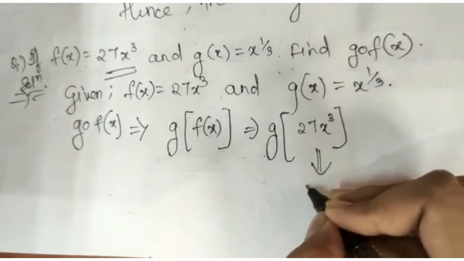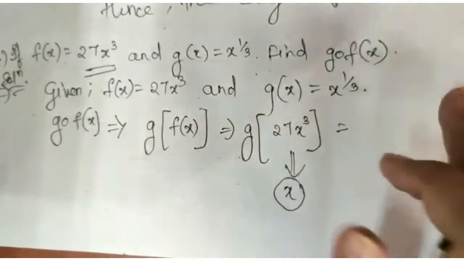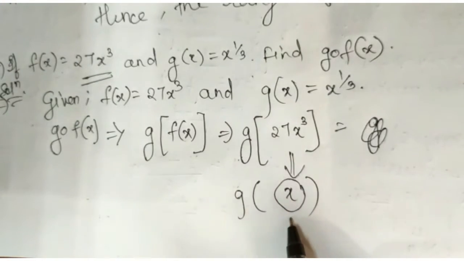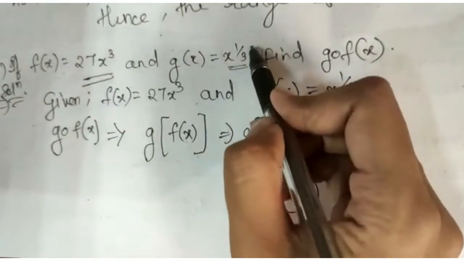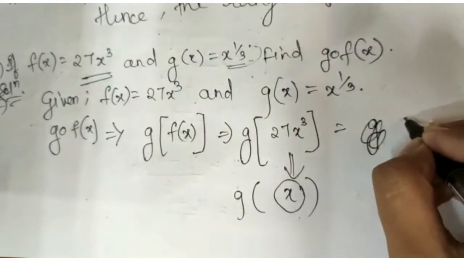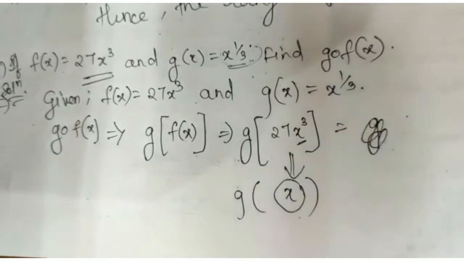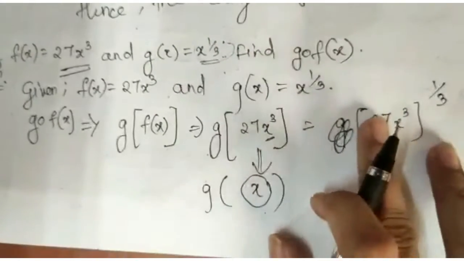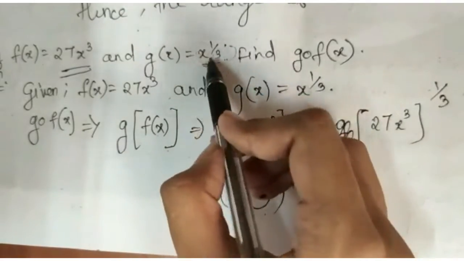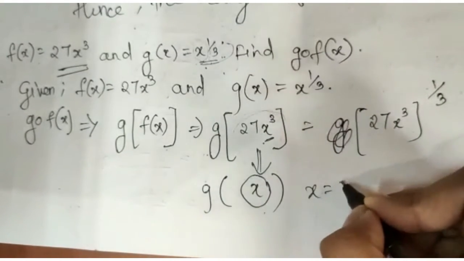Now this will be your x value in g of x, isn't it? So this is your g of x. Now your g of x is already given to you. That is x raised to 1/3. That means in place of this x you will write 27x cube to the 1/3, because your x value now becomes 27x cube.